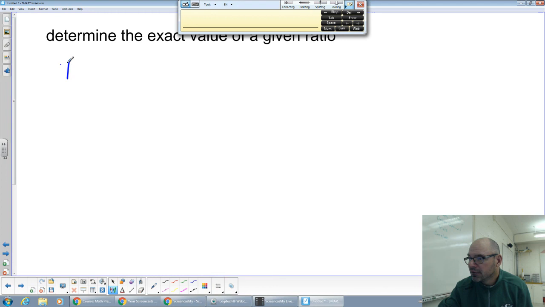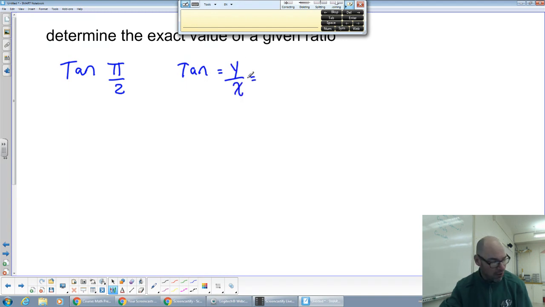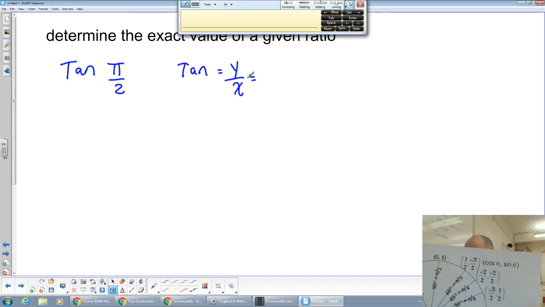So tangent pi over 2. We know that tan equals y over x. So we've got to go to pi over 2 on the unit circle and find out what y and x are. Okay, right here.